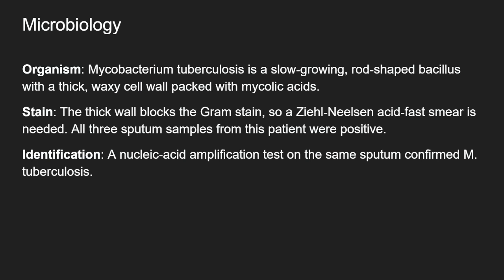So, what exactly are we dealing with here? Mycobacterium tuberculosis is a slow-growing, rod-shaped bacillus with a waxy cell wall that's rich in mycolic acid. This waxy coating makes it resistant to the gram stain, so we need to use acid-fast staining techniques, specifically the Ziehl-Neelsen acid-fast smear.